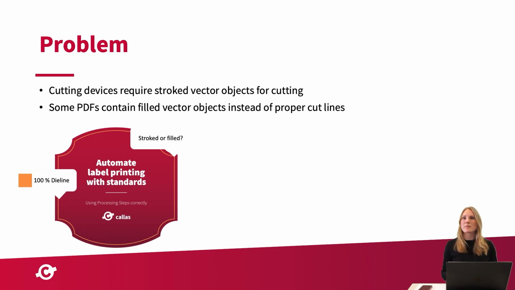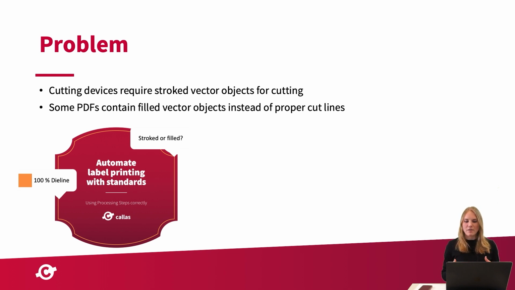This is a requirement, and if that is not the case, the production will not work. However, in some cases it can be that a cut line is not a stroke, but a filled vector object.